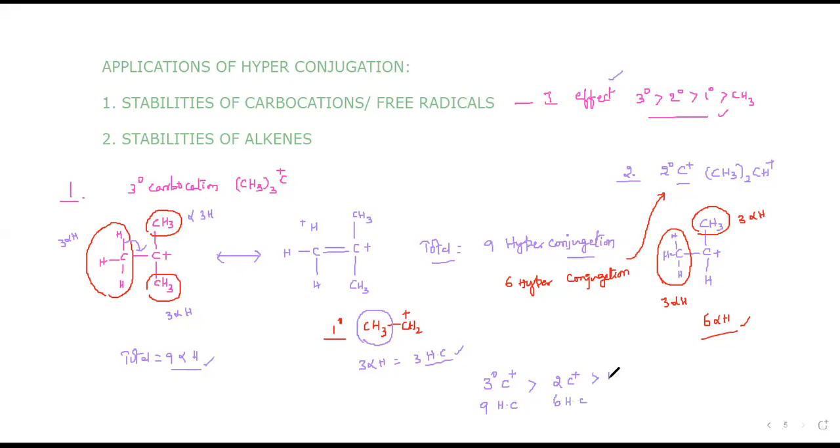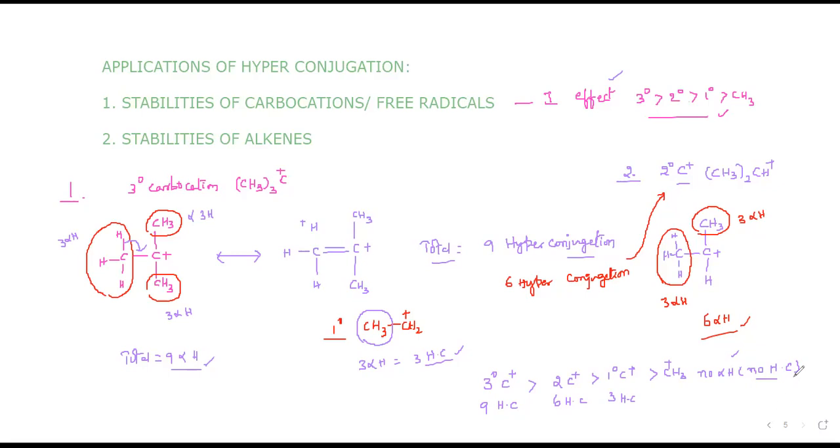And for the primary carbocation, it has 3 hyperconjugative structures. For methyl carbocation, there is no alpha hydrogen. No alpha hydrogen means no hyperconjugation. Hence, it is least stabilized, and the order follows as in the inductive effect. Did you understand? Okay. Give me good feedback regarding how we are going to have all the parts.